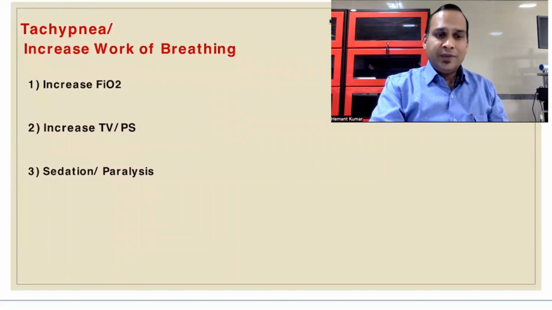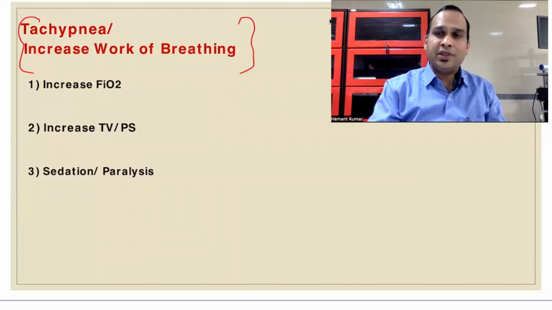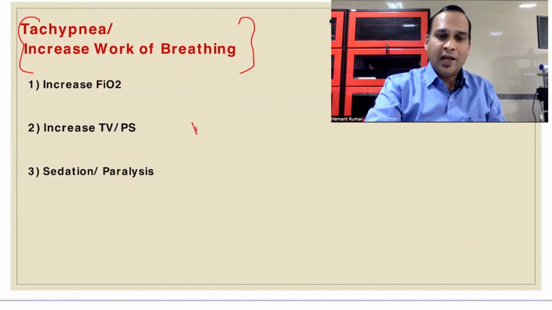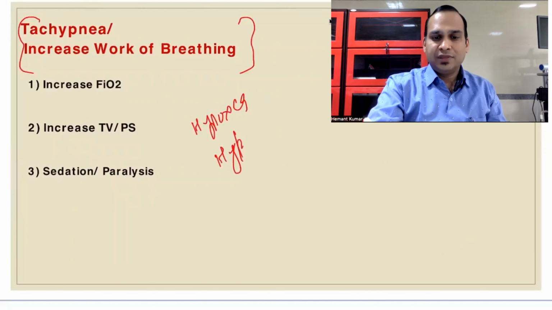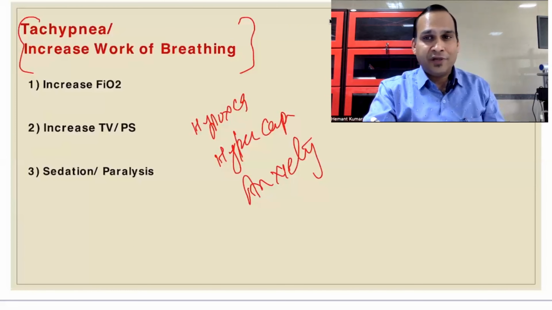Another patient is having tachypnea or increased work of breathing. So we have to understand why there is increased work of breathing. It could be due to hypoxia or hypercapnia, or lastly anxiety, because you are putting the patient on a ventilator, and a ventilator is very uncomfortable for a conscious patient.